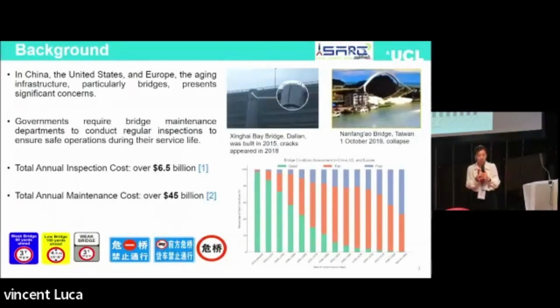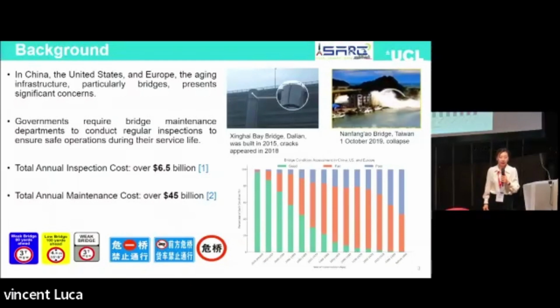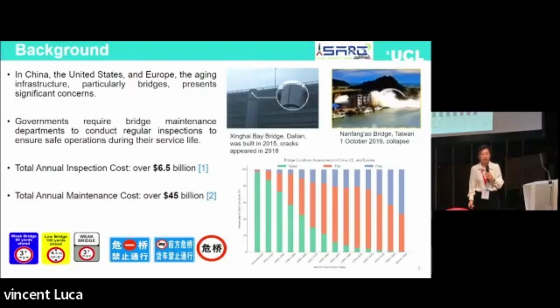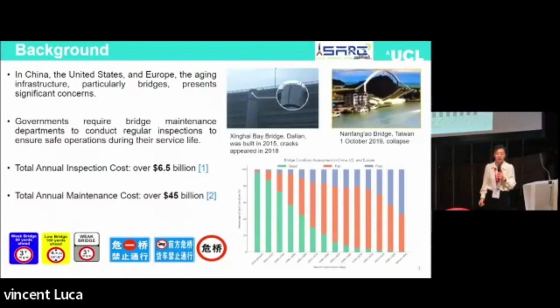So it's a disaster. As we know, we did the calculation in China, the United States, and Europe, and aging infrastructure, particularly bridges, presents a significant concern. So we have to focus on bridge inspection and maintenance every year.